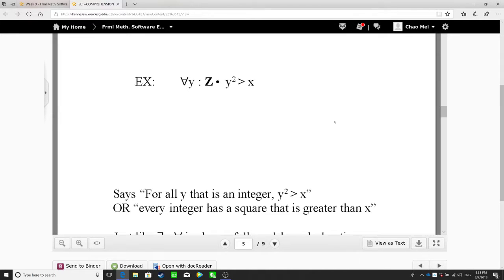If y is 10, is this correct? No, because we can easily find something that is not: if y is 1, y squared is 1, which is not greater than x. If x is negative, it works, but yeah.